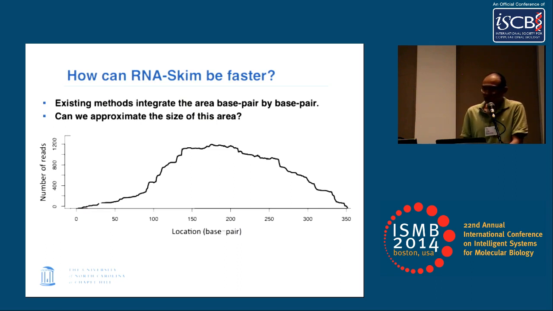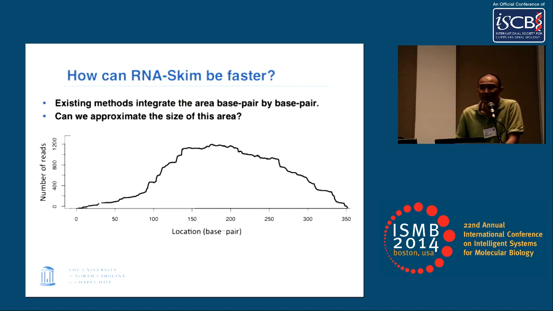Let's go back to this black curve. Existing methods, no matter whether alignment-free or alignment-dependent, always try to calculate this area by integrating it base pair by base pair. So the question is, can we have an approximation to estimate this area?